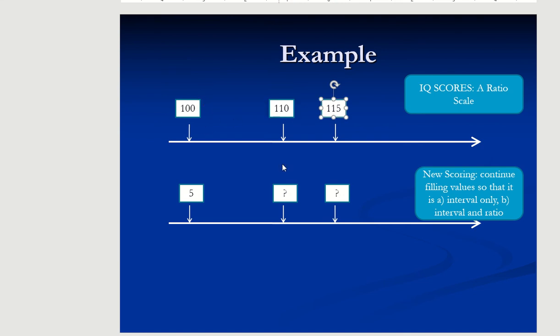When you change these values into the new scale, the 100 became 5, the 110 became 6, the distance is 1 unit, but the 115 became 7, again the distance is 1 unit, and therefore you distorted the distances. The interval is no longer constant, and therefore it's no longer an interval, it becomes an ordinal scale.